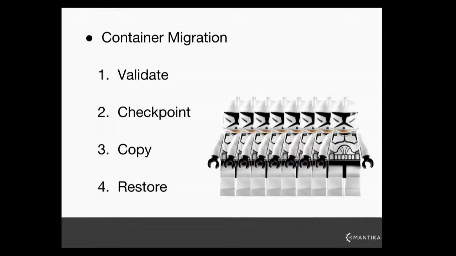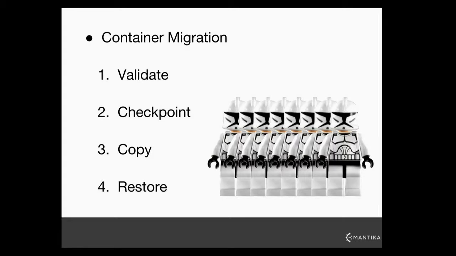So before going to the tool, what is a container migration? Very high level, it basically means doing a few steps using a technology called CRIU behind the scenes. First we validate that both the source host and the destination host are compatible, right? You can run the container that you are going to migrate, and it needs to be able to run on the destination host.